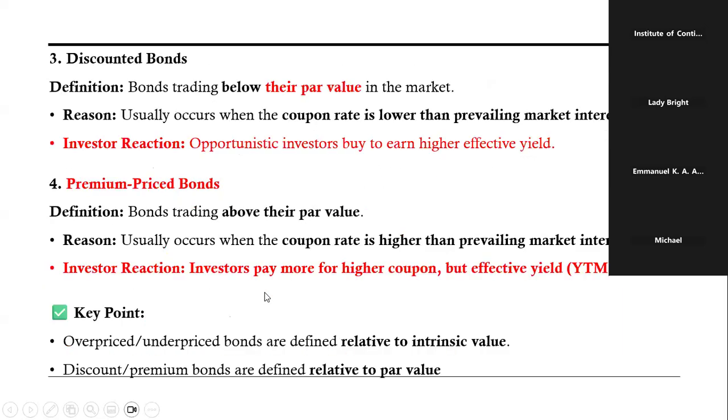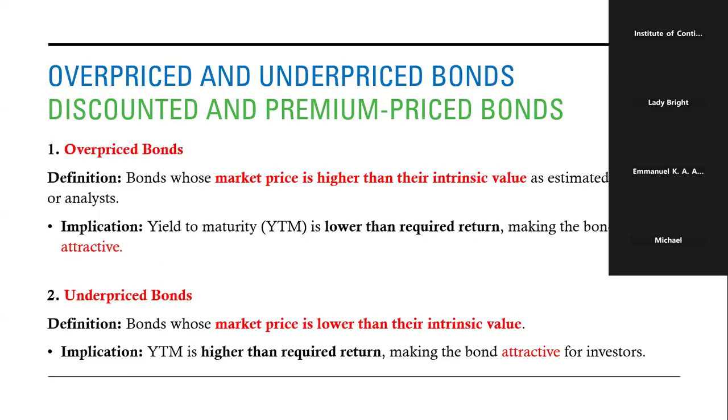And I want us to be particular about the technical term of overpriced and underpriced. Overpriced and underpriced goes with our own calculation of what we think the bond price should be. Then we'll say that this bond is overpriced, I will not buy. This bond is underpriced, I will buy because it's cheaper.